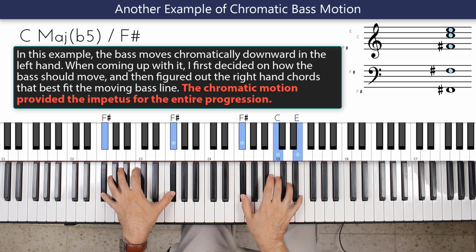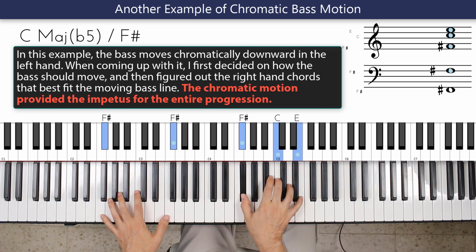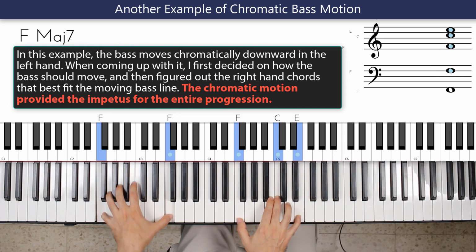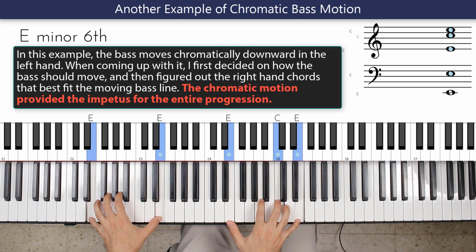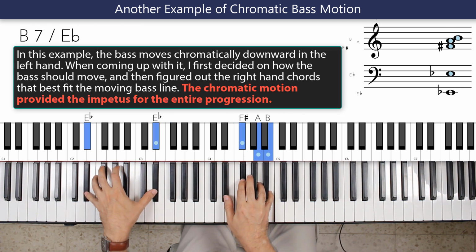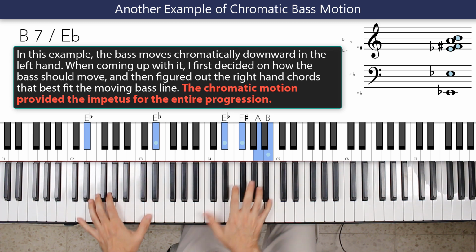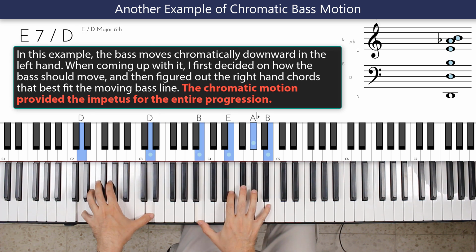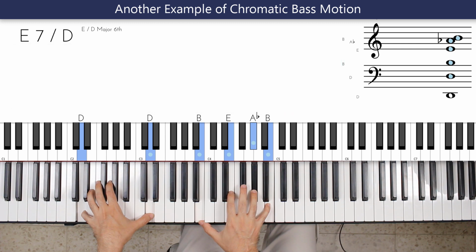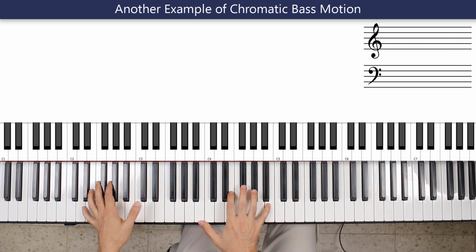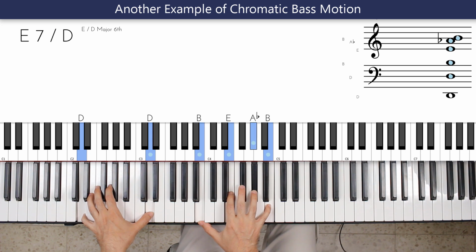This would be, in my opinion, a D dominant ninth, and then maybe an F major 7, A minor, B major, this would be an E major over bass of D, which is really an E dominant 7 in a sense.